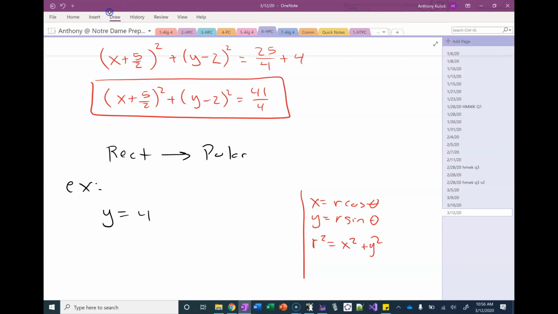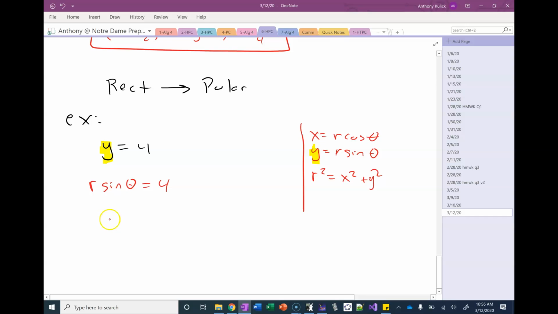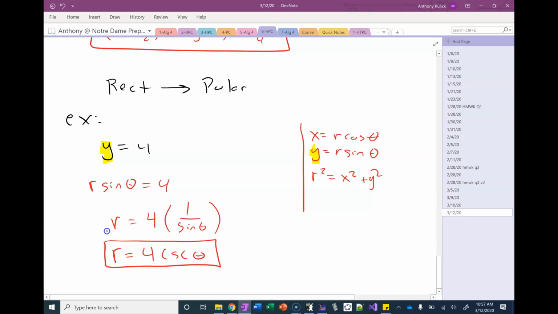So I notice that I have y, so I can replace it with r sine theta. Now, typically for a polar function, we want to write the r by itself. So if I divide both sides by sine theta, and remember that 1 over sine is the same thing as cosecant, that'll do.